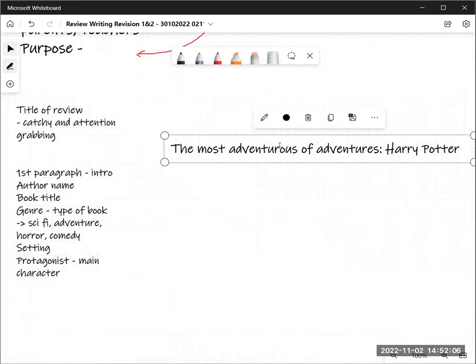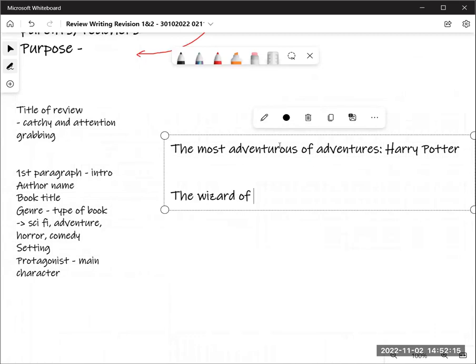Now it should be something which is catchy. I can also say, let's say, the Wizard of, what was the name of the school? Hogwarts. So the Wizard of Hogwarts, Harry Potter.